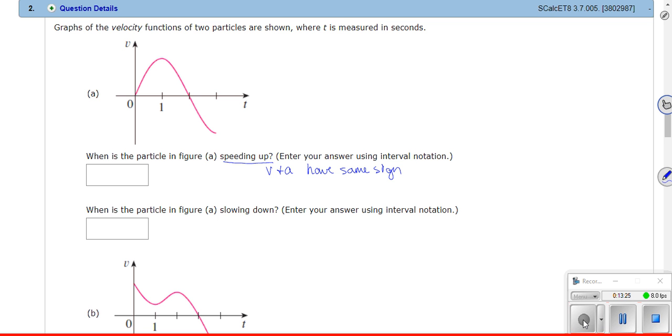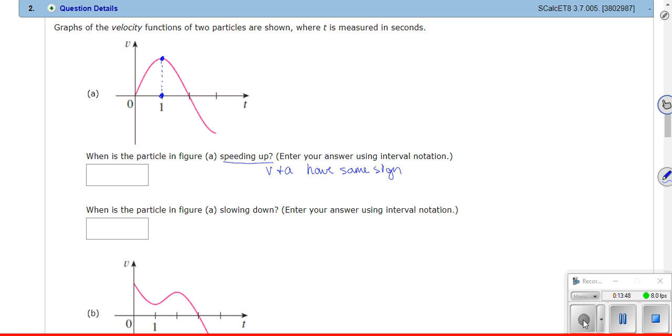Now, something I want to point out here. Based on the graph of the velocity function there on this top one, let's figure out what the acceleration function would look like based on what the velocity function is. So first of all, once again, right here, my acceleration function would be 0.